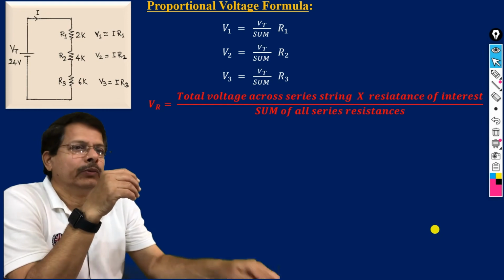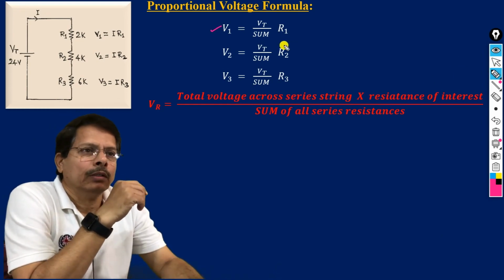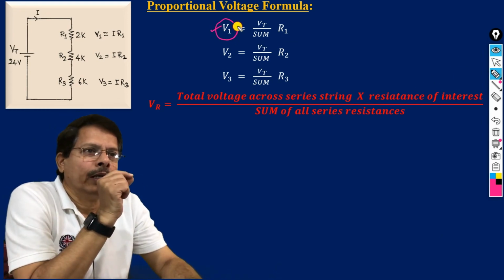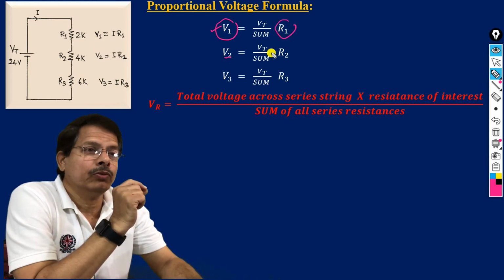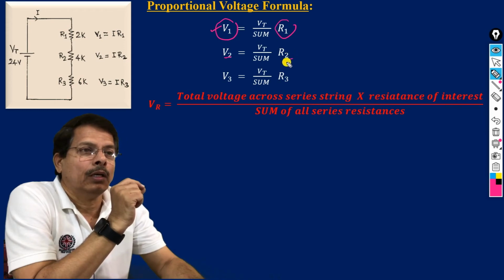If you want V1, take R1 here; for V2, total voltage upon sum of resistors, take R2 here; and for V3, you should take R3.